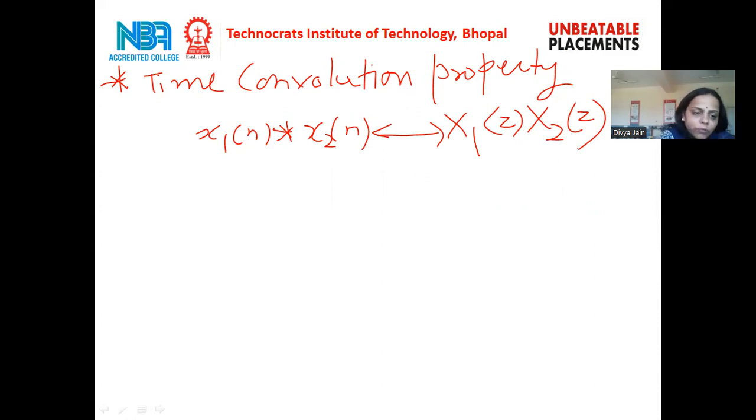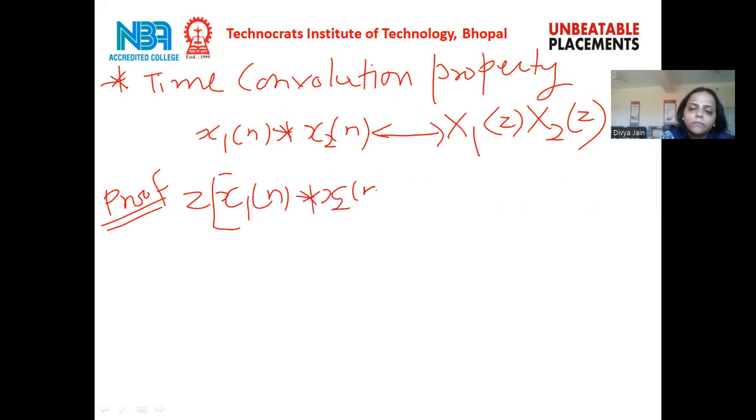So the proof of this property is: Z transform of x1[n] convolution with x2[n]. According to the Z transform formula, first we take the formula for convolution.